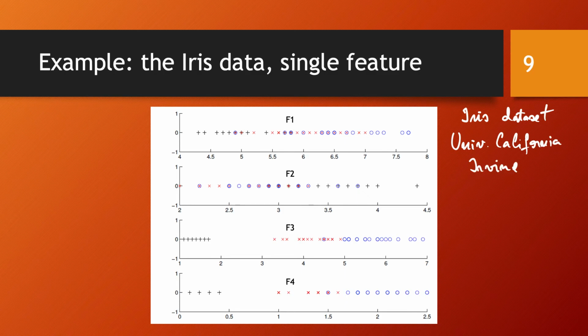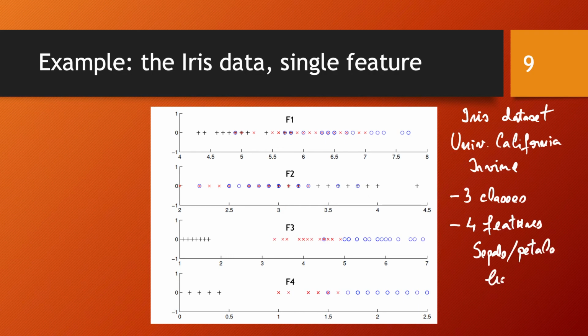And this dataset has features of three classes of iris flowers. So we have three classes. And we have four features, and the features are sepals and petals, and we have information on the length and width of the sepals and petals for each flower in the dataset.